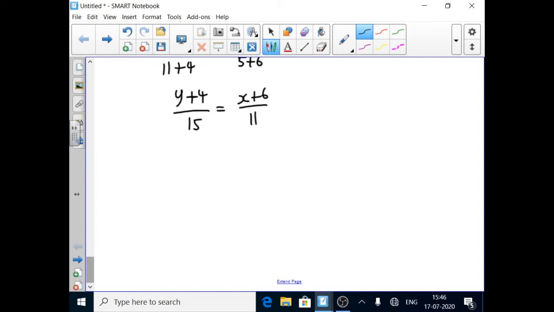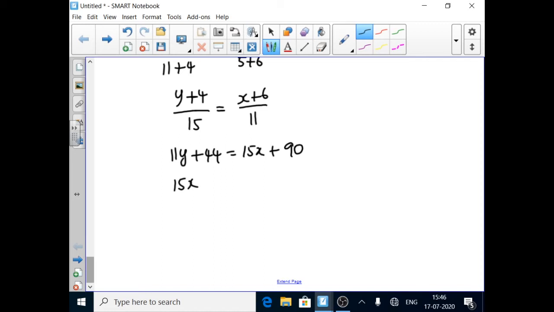So do the cross multiplication. 11y plus 44 is equal to 15x plus 15 sixes are 90. So 15x, I already told you the first variable we should have only the positive value.